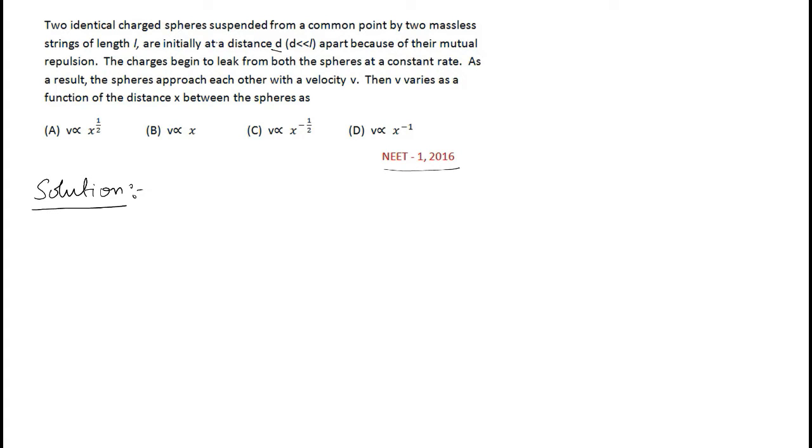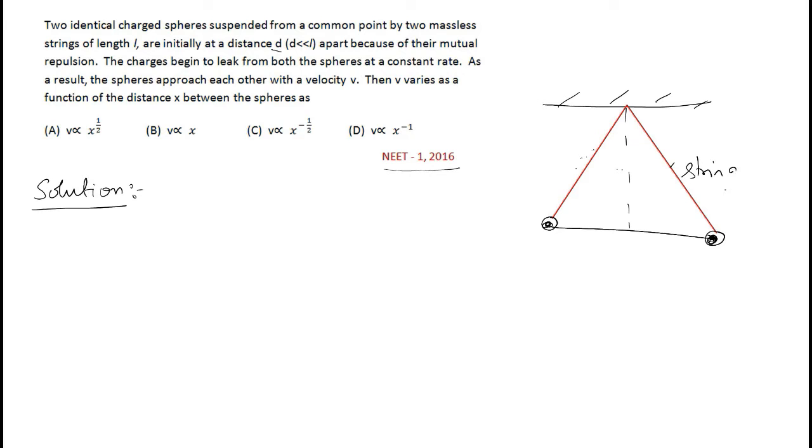Two identical charged spheres suspended from a common point. So this is the diagram. These are the strings, string 1, the other string, two strings. Now they are at a distance d apart. The spheres are charged.